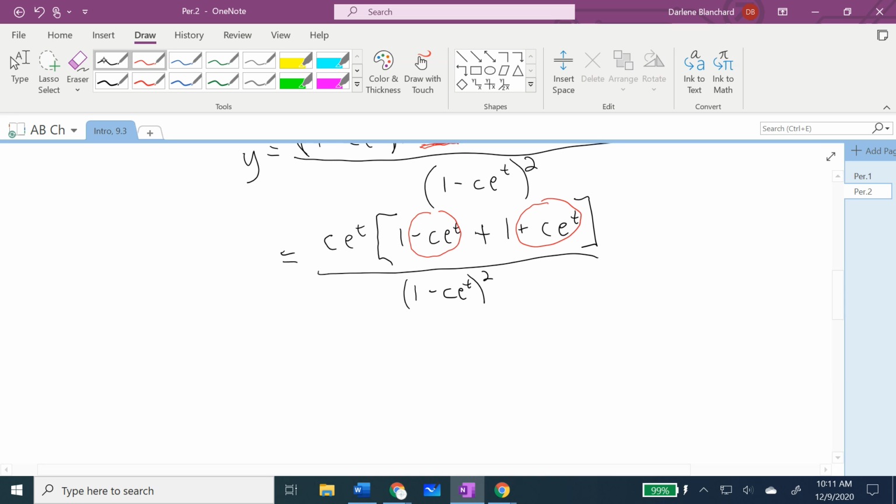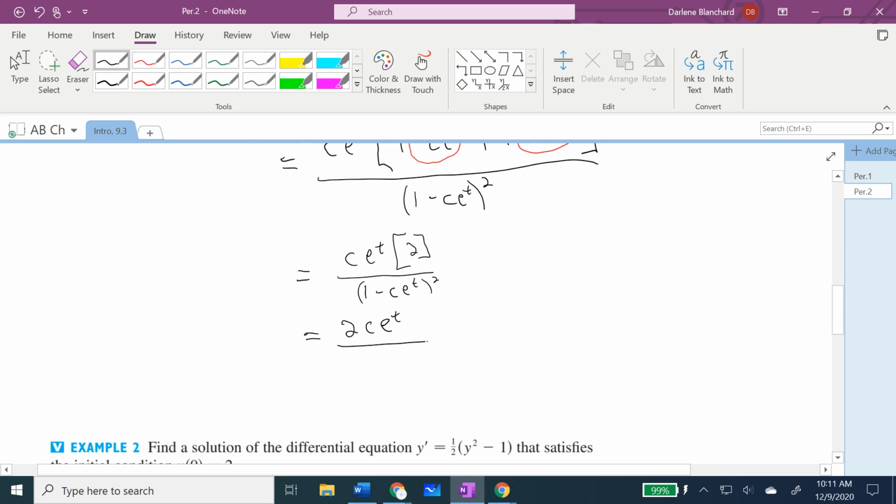They go bye-bye. So essentially, we have 2 times c e to the t. So this is my y prime simplified.